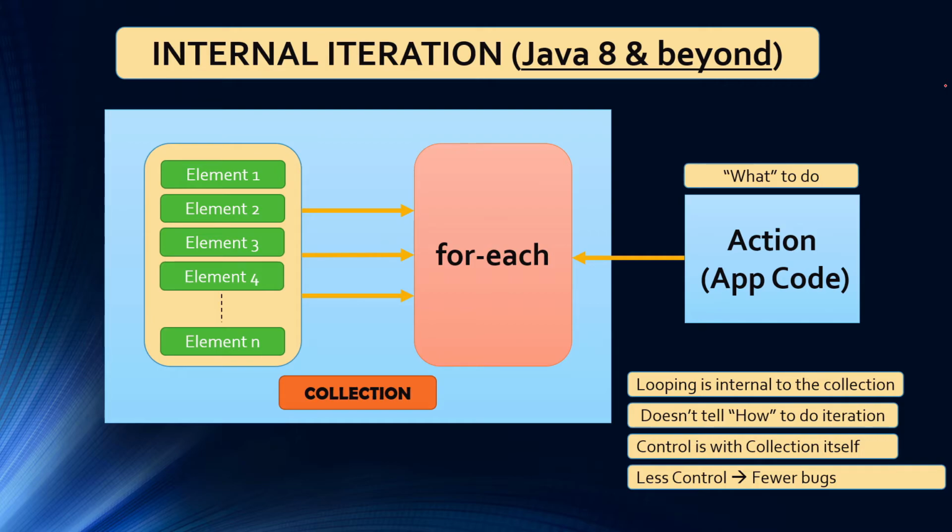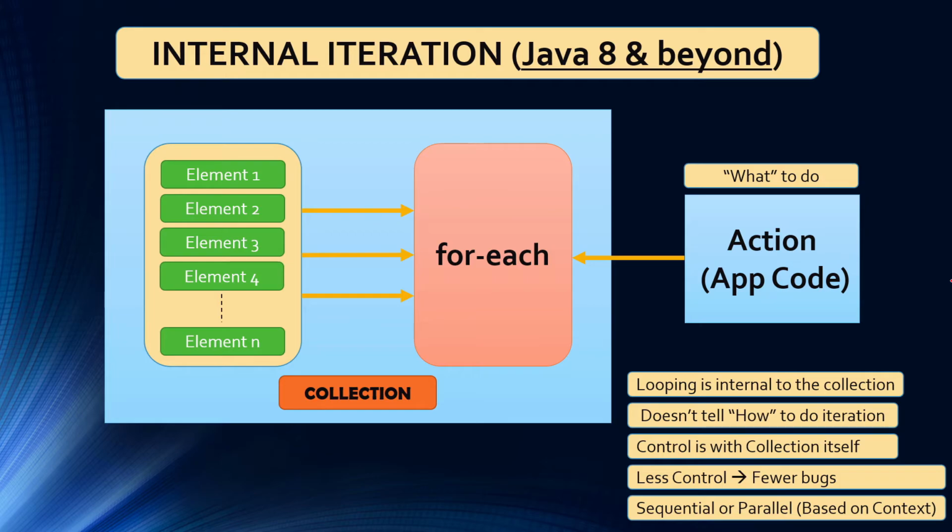The last thing to notice is, since control of iteration is with the collection itself, the collection can decide based on the context how to do the iteration, which could be sequential iteration, or if conditions are favorable, then concurrent iteration. So you see, switching from external to internal iteration opens the door for so many opportunities.